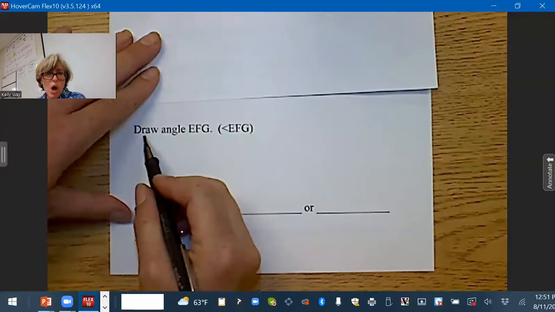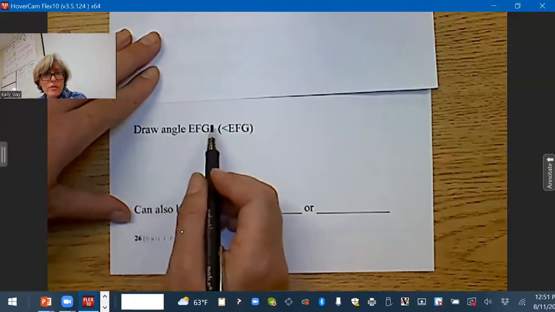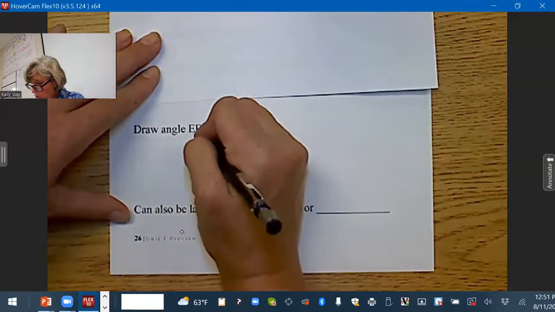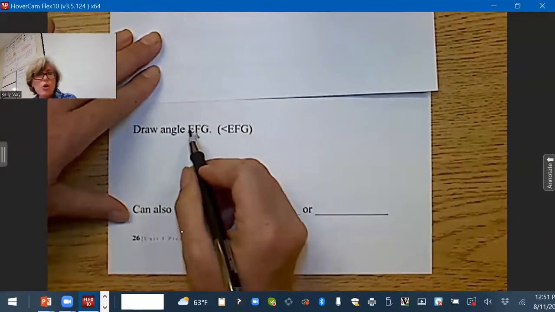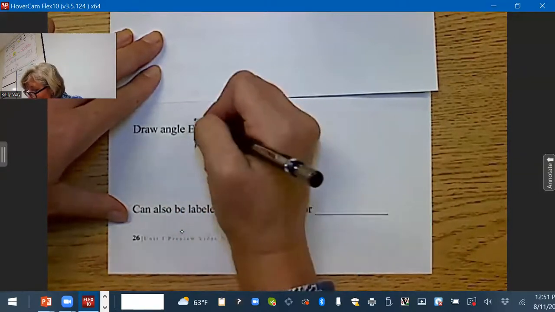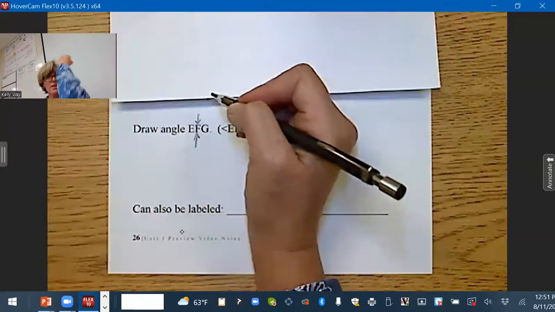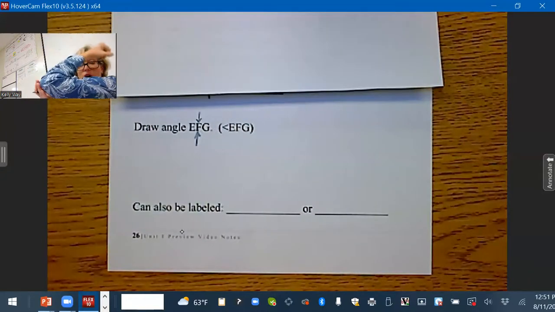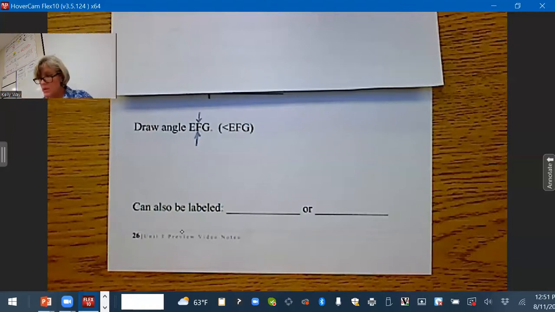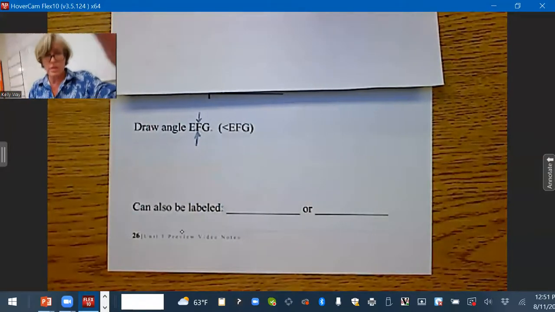So we're going to draw an angle, EFG. Very important. When you draw an angle, we're going to use 3 letters, and this middle letter is the elbow of an angle. It's the elbow, the hinge, the common endpoint, specifically called a vertex.